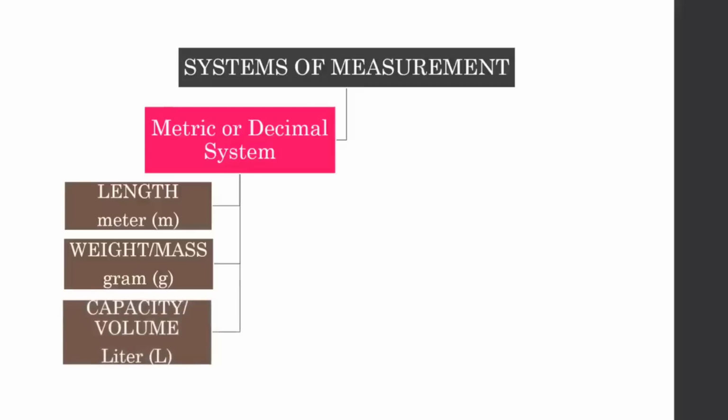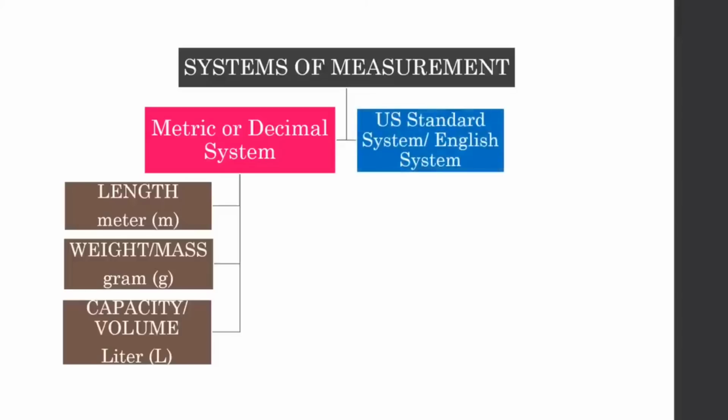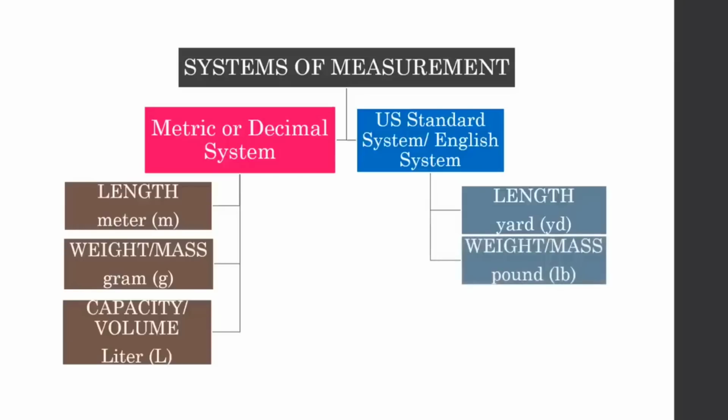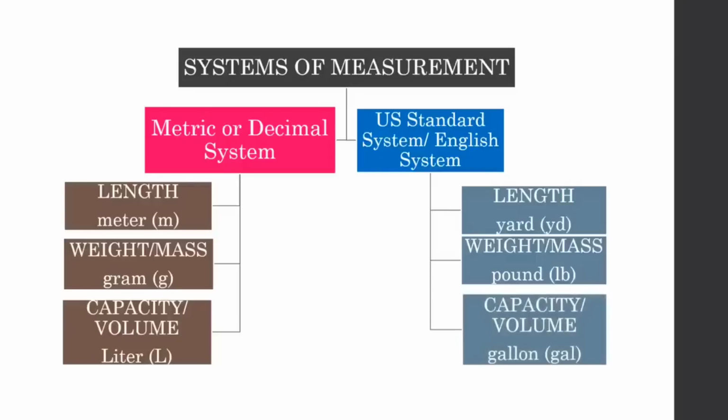For capacity or volume, our base unit is liter or capital L. The other system of measurement is the US standard system or the English system. Here are the base units. For length, it is yard or YD. For weight or mass, pound or LB. Capacity or volume, its base unit is gallon or gal.